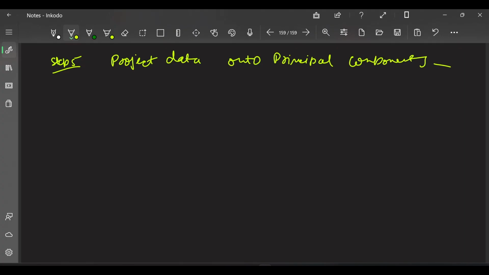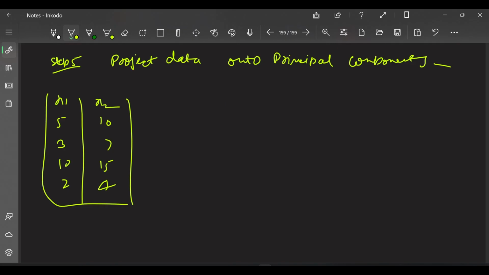Okay, so here the data is given like x1, x2. I am writing again: x1 is 5, 3, 10, 2, and here it was 10, 7, 15, and 4. So we have calculated the eigenvalue and eigenvector. Here is the principal component we have to find now.